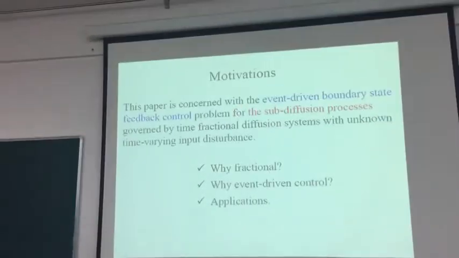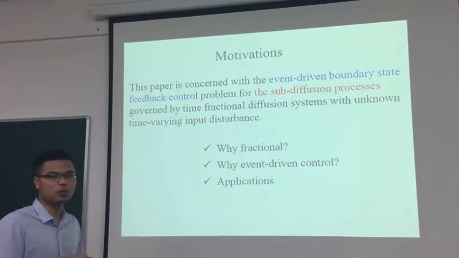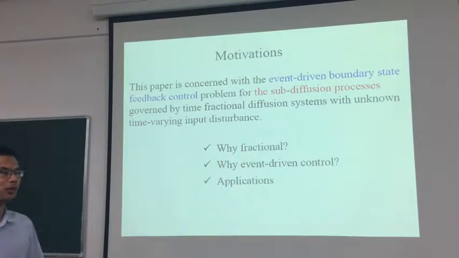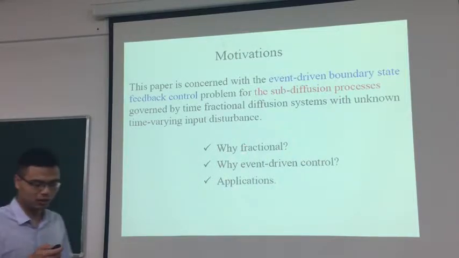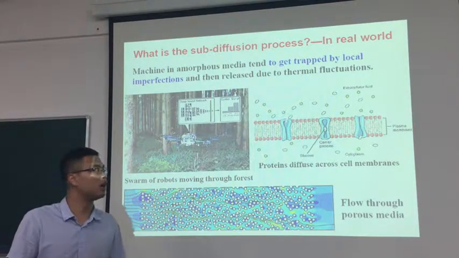For the motivation of our paper, I will try to answer the following 2 questions and give some applications. For the first question, why fractional? I will first give some subdiffusion processes in the real world.